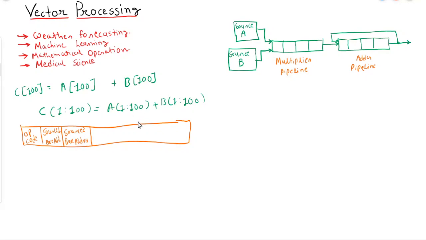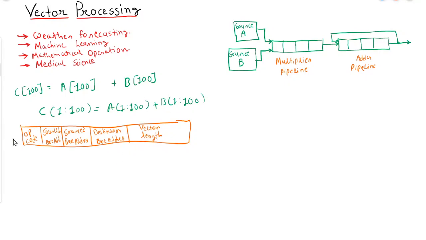Next will be the destination base address, and last will be the vector length.